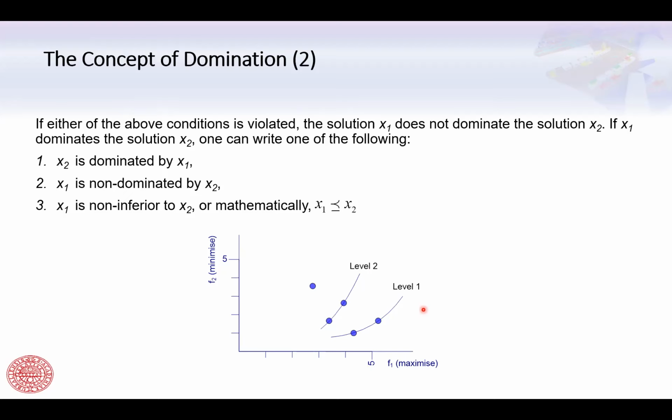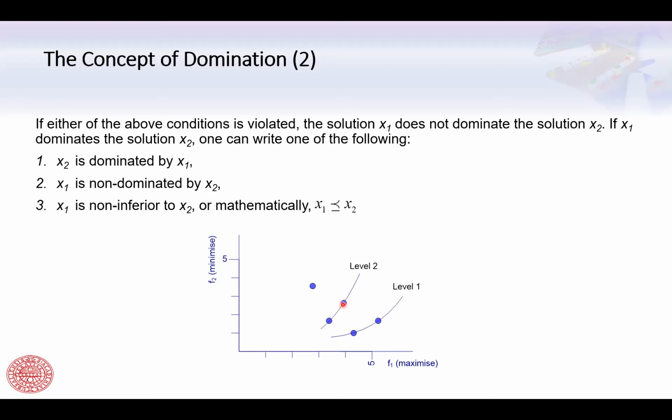So graphically, if we compare two objectives, one of them is maximized. So f1 is maximized, and then f2 is minimized. Okay, then you could see that this solution that I point to here has a higher value in f1, and in f2 it is lower than this solution.